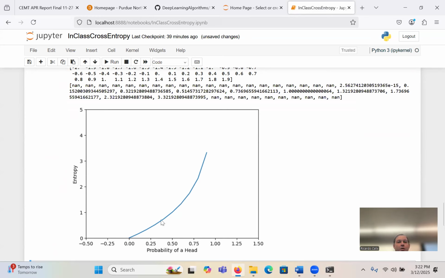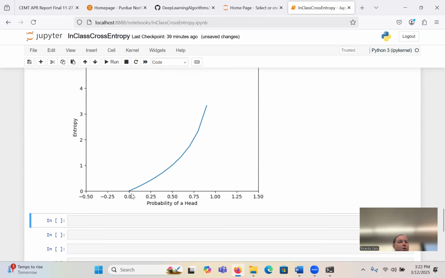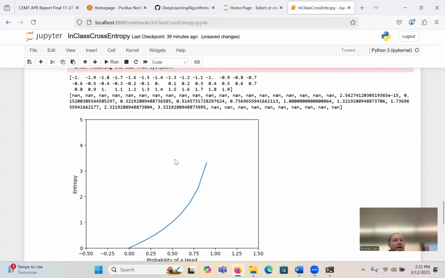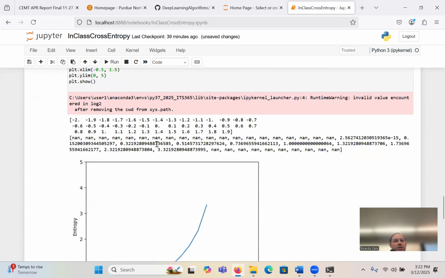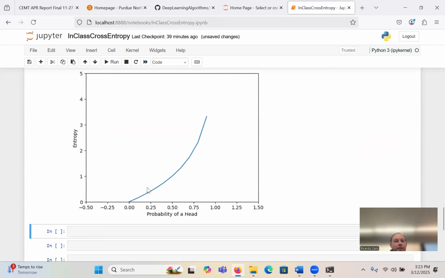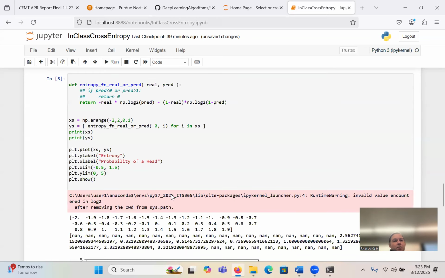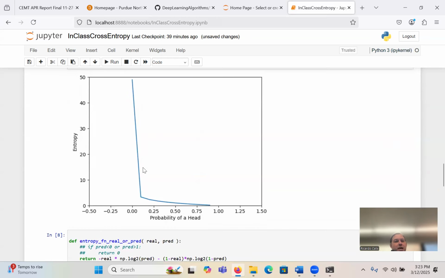And how does it get low? By descending in the gradient towards what? Probability of 0, because the real label is 0. So another way of saying this is when the real label is 0 for the binary case, you want to use this graph. And when the real label is 1, you want to use this graph. Because when we're descending, this takes us to 0. And when I'm descending, this takes me to 1.